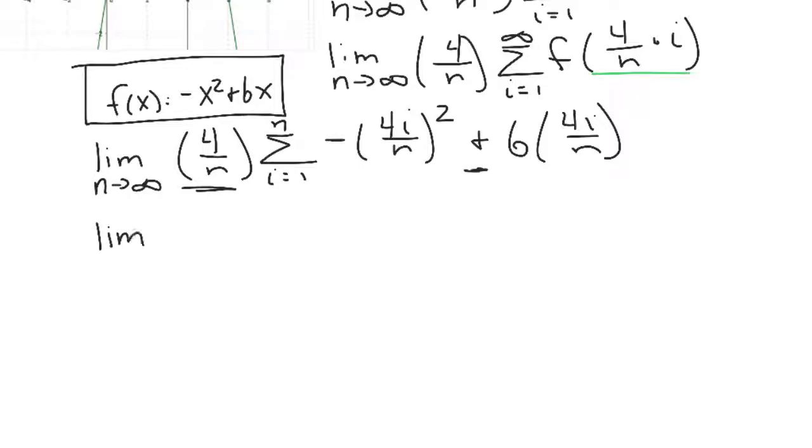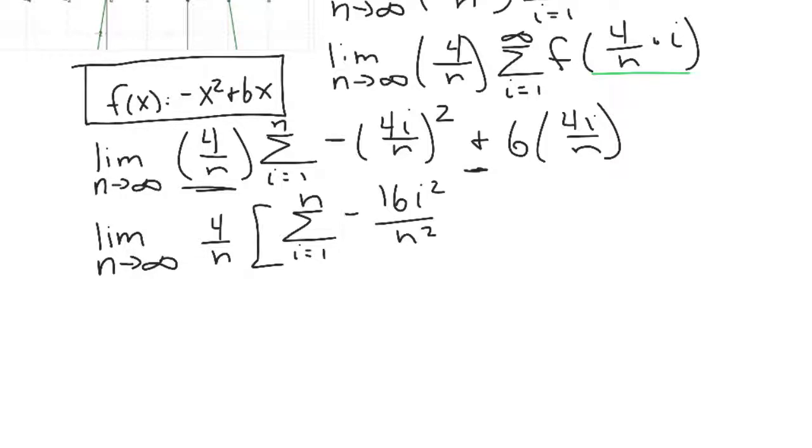The limit as n approaches infinity of 4 over n times, I'll make a bracket there, the sum from i equals 1 to n of negative, and I'm going to square this, so it's 16i squared over n squared, plus the sum from i equals 1 to n of 24i over n. And then I end my bracket.